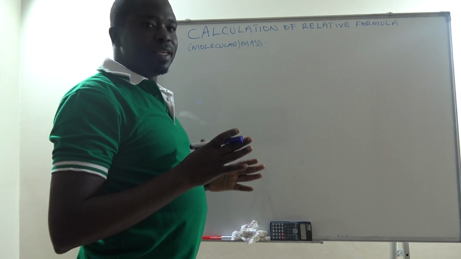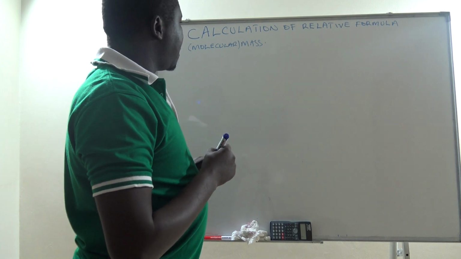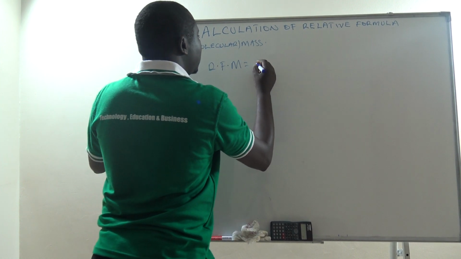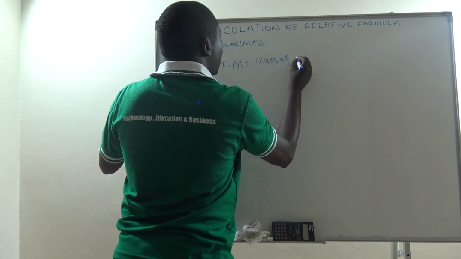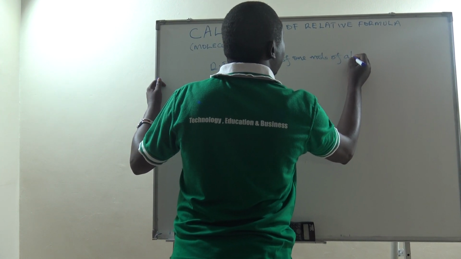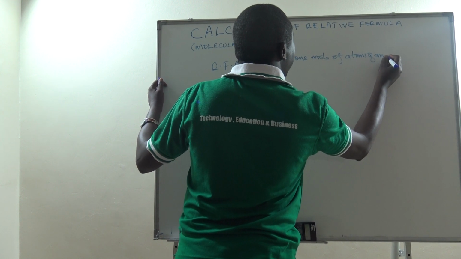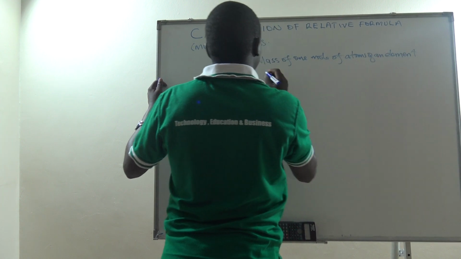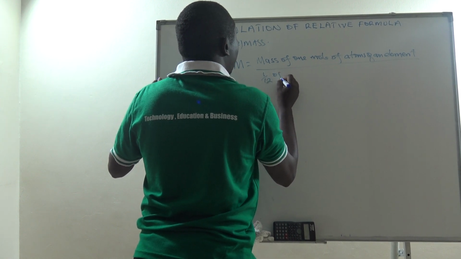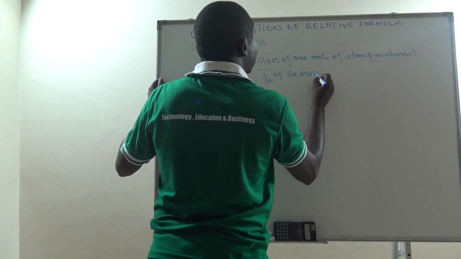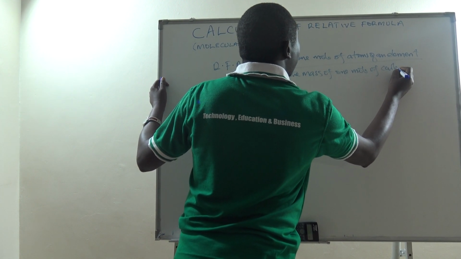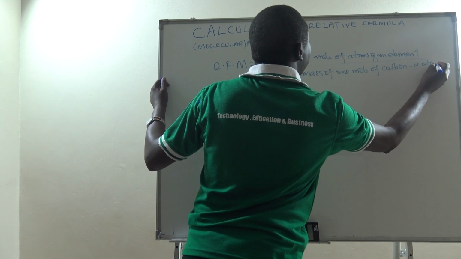We said that in the actual sense it is a ratio or a quotient relationship whereby we have relative formula mass, let me call it RFM, being equal to the ratio of the mass of 1 mole of atoms of an element to 1/12 of the mass of 1 mole of carbon 12 atoms.